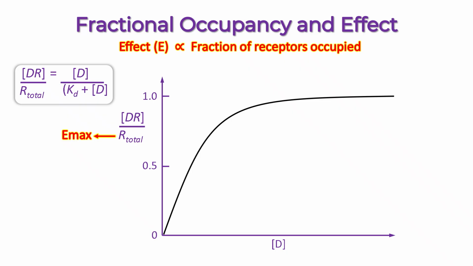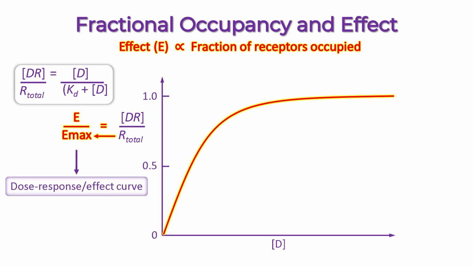When we scale effect to that maximum, expressing it as E over Emax, the relationship takes the same mathematical form as fractional occupancy. That means this curve is doing double duty. It still describes how receptors become occupied as drug concentration increases, but it also describes how effect emerges. For that reason, this is what we call a dose response or effect curve.